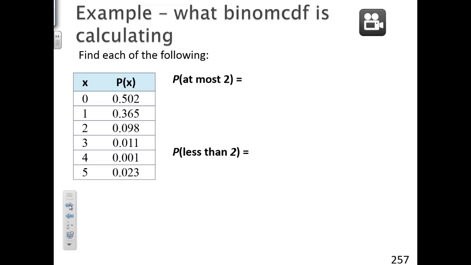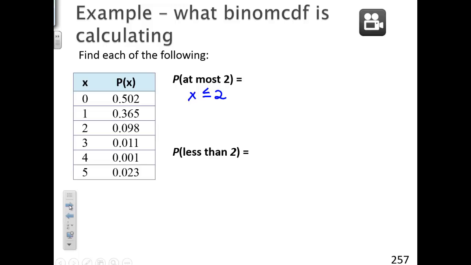You're going to have to be looking for these key words, so you're going to have to know what the calculator is doing for you in order to enter the right value. So at most 2 means it can be 2, but it cannot be anything greater than 2. It has to be less than or equal to 2. So we want x less than or equal to 2.